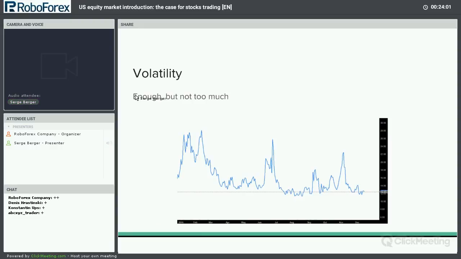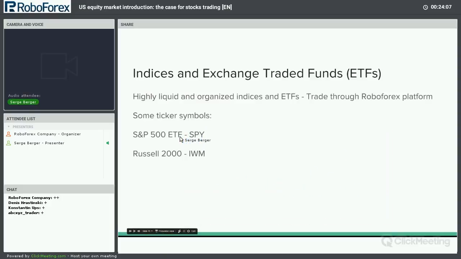Okay, now let's see. Let's keep moving along here, and let me bring up this concept of indices and exchange traded funds. Now, as you will see in a minute, yes, of course, we can trade U.S. stocks, and we can trade them on the Roboforex platform, all the big ones, all the important ones.